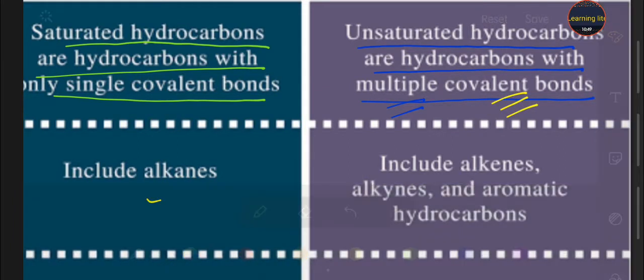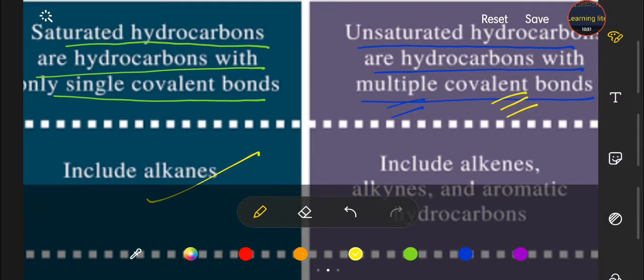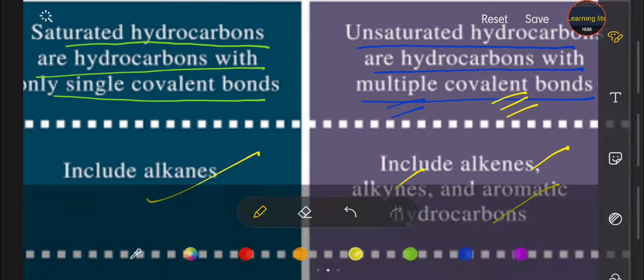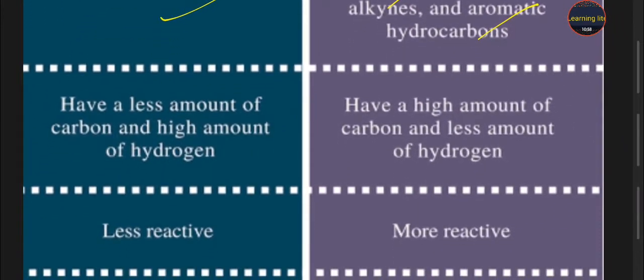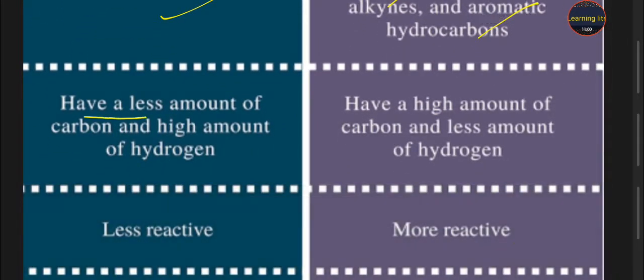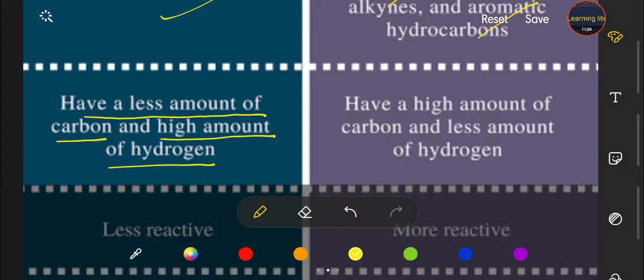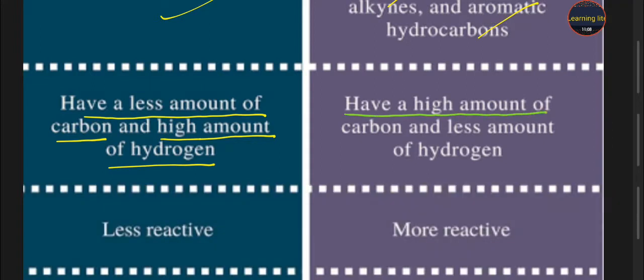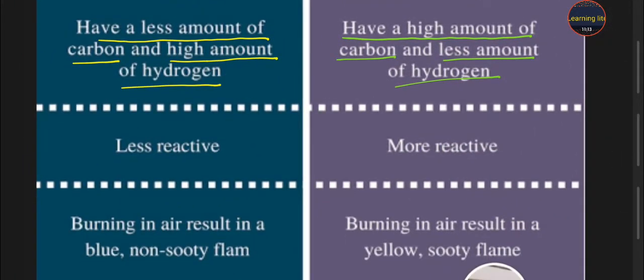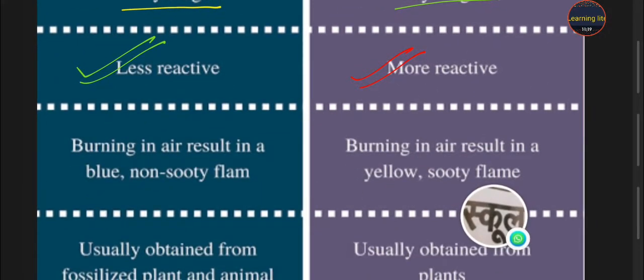Okay, they include alkanes, and they include alkenes, alkynes and aromatic hydrocarbons. Students, saturated have a very small amount of carbon and a high amount of hydrogen, but on the other side, student, the unsaturated have a high amount of carbon and less hydrogen. So saturated are less reactive and unsaturated are more reactive.